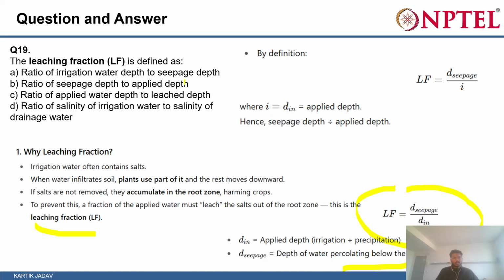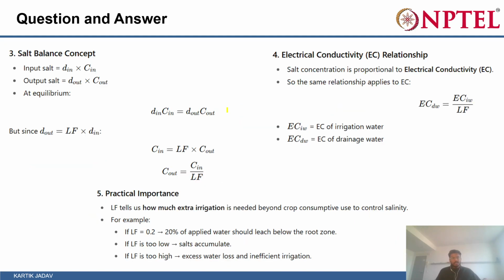So it is just the ratio of irrigation water depth to seepage depth. No, it is seepage depth to applied depth, right? So this is the overall salt balance concept in drainage condition. Go through this again.